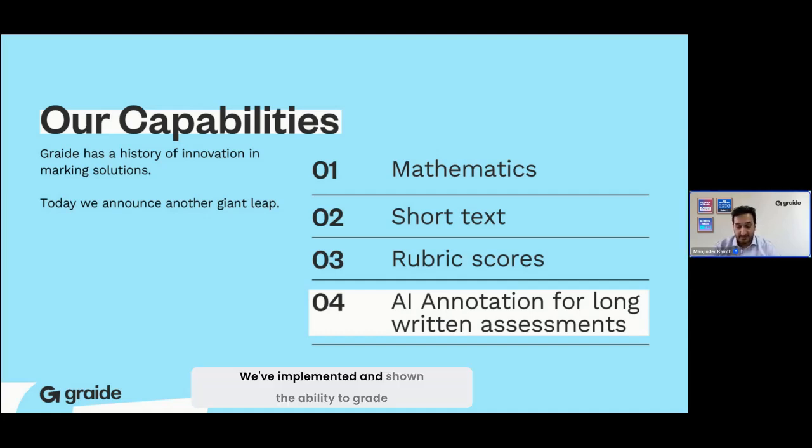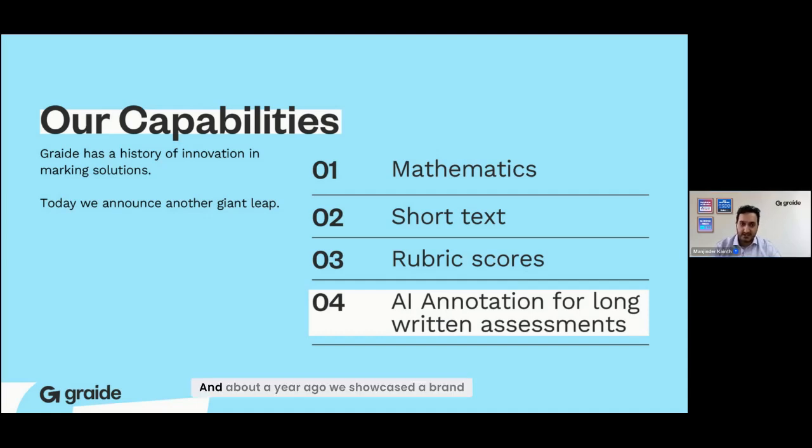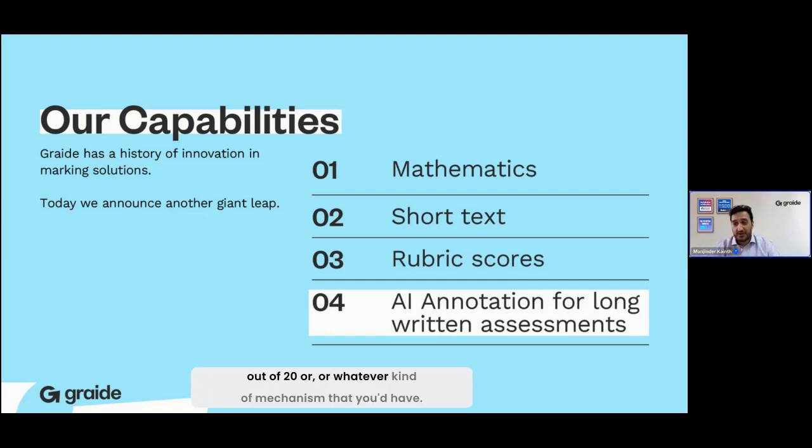We've implemented and shown the ability to grade short text questions as well, of the order of a few sentences up to a paragraph. And about a year ago, we showcased a brand new way to grade long form text with rubrics. That would be able to show you this is a 3 out of 5 or a 4 out of 5 or out of 20 or whatever kind of mechanism that you'd have.